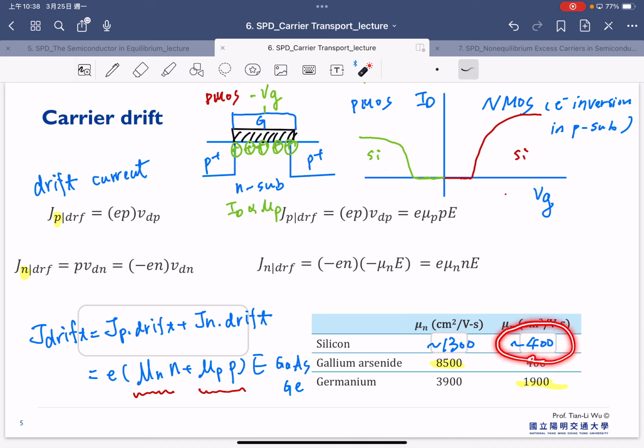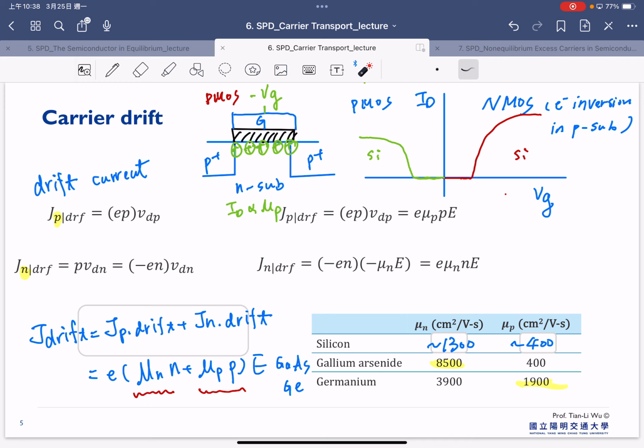This is only 400, and this is 1,300. So that means the current conducted by the holes will be only one third compared to the current conducted by the electrons here. And in engineering, and also in natural scenes, we always prefer to have symmetry. That's the general rule.